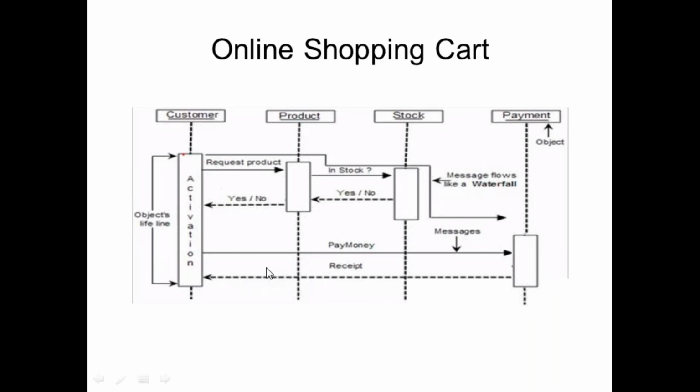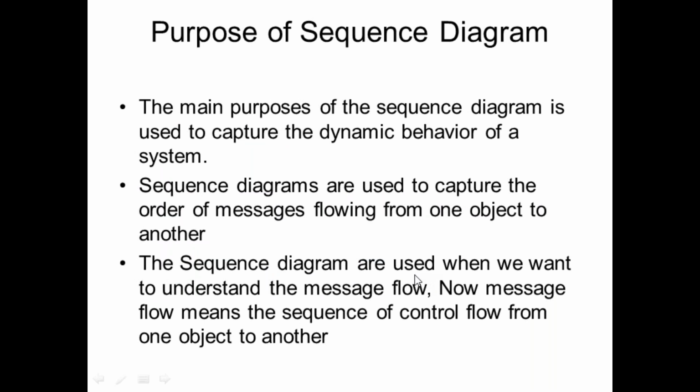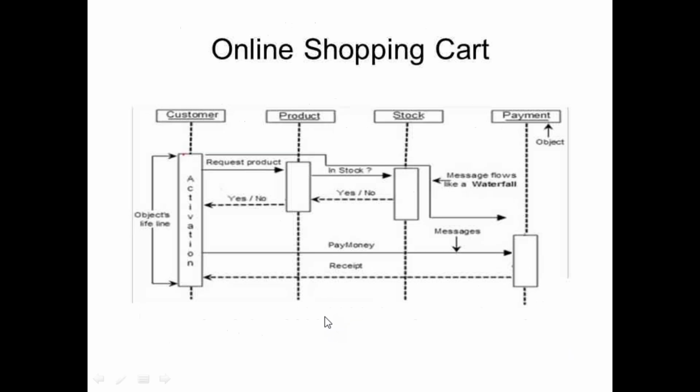And one other important point is that the last statement says that sequence diagrams are used when we want to understand the message flow. It is not just message flow. It shows the sequence of control flowing from one object to another. Control of what?